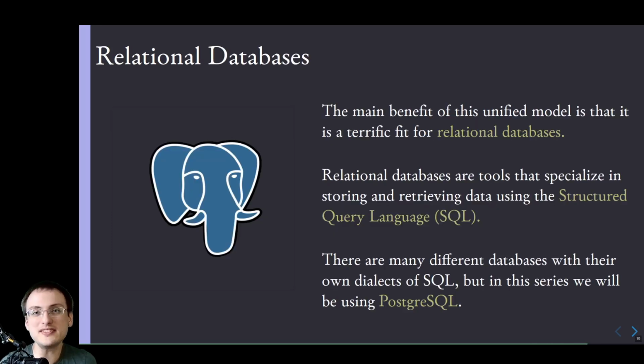The entire reason I am showing you these diagrams is because from here on out, we're going to be working a lot with relational databases. Relational databases are just tools that specialize in storing and retrieving data using what's called the structured query language.